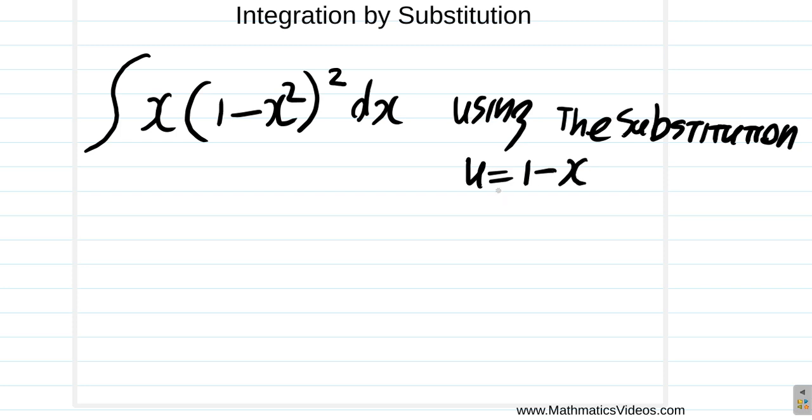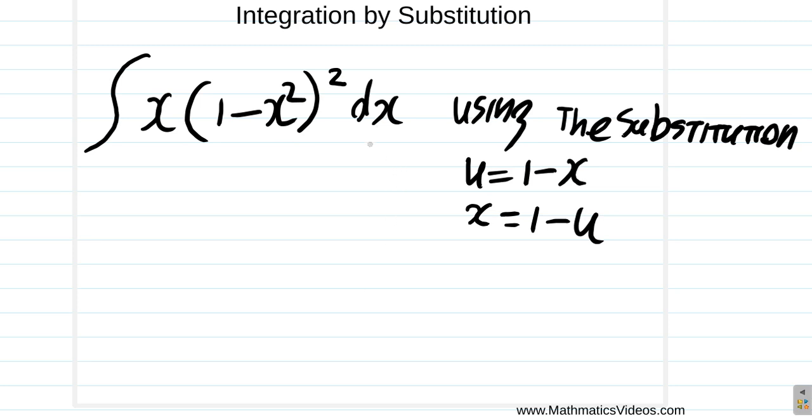Now, since u is equal to 1 minus x, we can transpose and say that x is equal to 1 minus u. And all of these x's will change to 1 minus u.